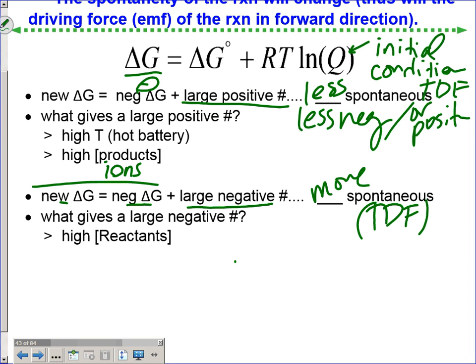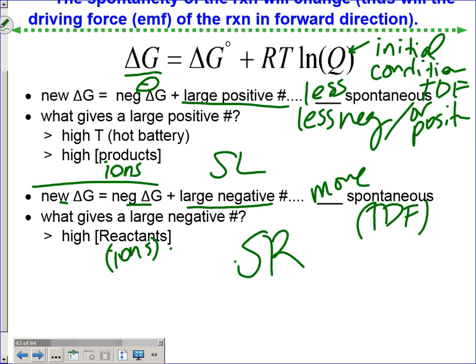How could you do that? Drive the reaction to happen in the forward direction, more and more. Really, the only way you can do that is by increasing the concentration of the reactants in their ion form, because what does that do in terms of Le Chatelier's? Forces a shift right. What does this do? Forces a shift left. If you aren't shifting right, you aren't making more electrons flow.